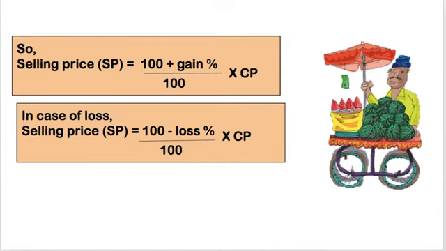Always remember that whenever there is a gain you have to add, and whenever there is a loss you have to subtract. So selling price will be 100 plus gain divided by 100 into CP, and when it is a loss, selling price will be 100 minus loss percentage divided by 100 into cost price. Clear enough, I suppose?